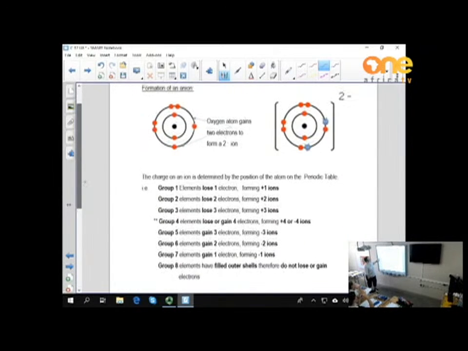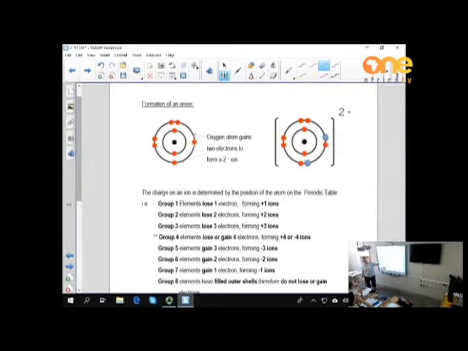An anion, in other words, the atom must gain 2 electrons because it must form a negative ion. So here we have simply 1, 2, 3, 4, 5, 6, 7, 8 electrons, 2 in the first shell, 6 in the second shell.